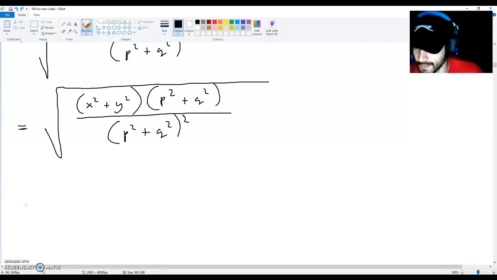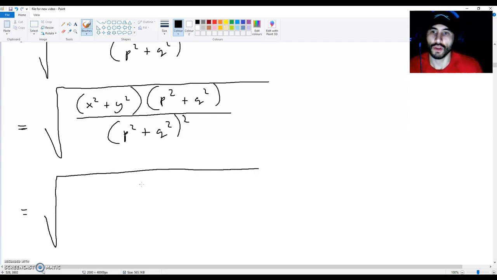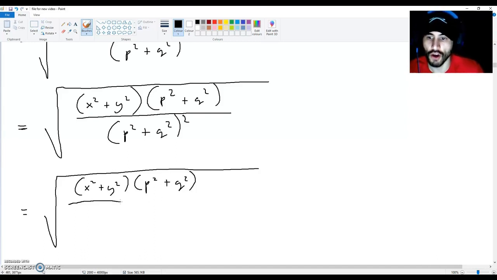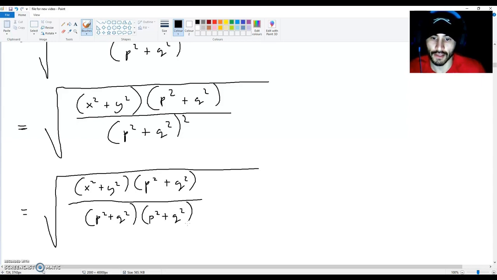This over here is going to be equal to root of (x squared plus y squared) times (p squared plus q squared) over (p squared plus q squared) times (p squared plus q squared).